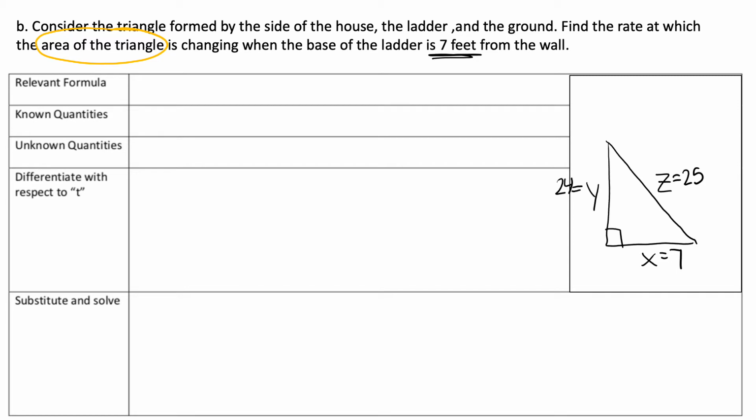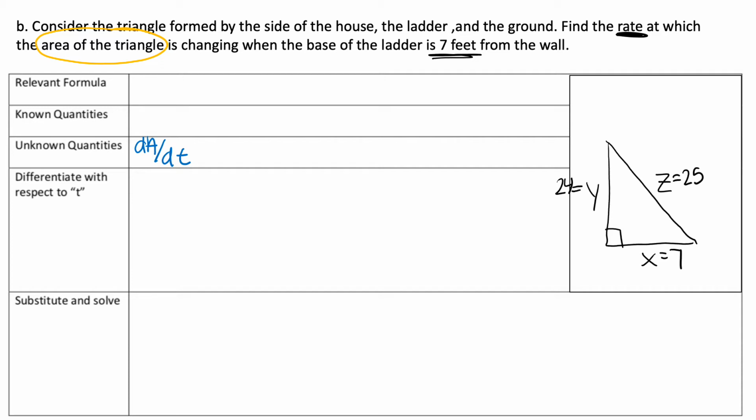So here, because we're looking for the rate at which the area of the triangle is changing, what we're actually looking for is dA/dt. Now, that means we can no longer use the Pythagorean theorem to relate these variables because we actually need to find a way to represent the area.